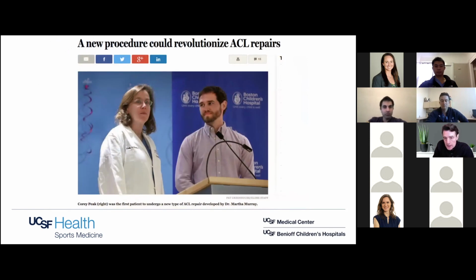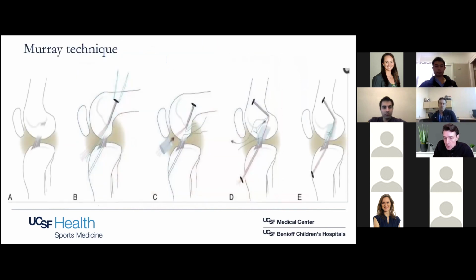And I think the trials are now getting to the point where this is being commercialized. This is the technique. Essentially, buttons are placed on each side, and that sponge is drawn in and incorporated into the repair. So something to look forward to seeing where this goes. I think it's at the point of commercialization at this point.